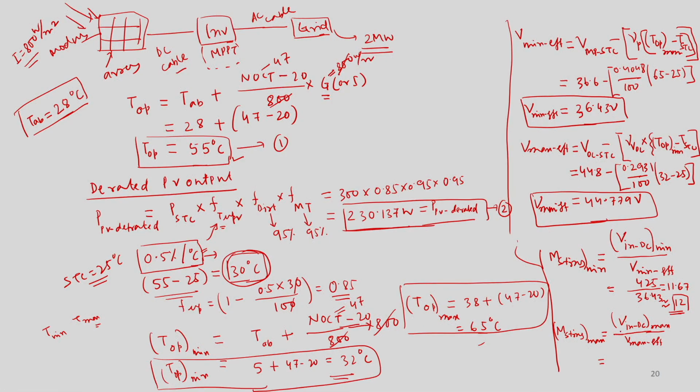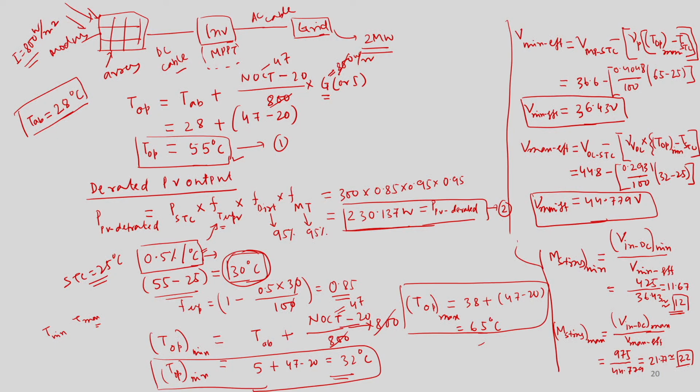So, 975 divided by V max effective, which is 44.779, gives a value of 21.77, which is equivalent to 22.